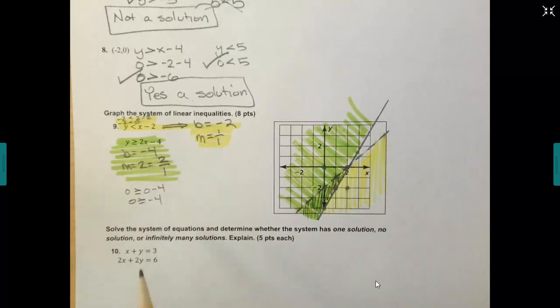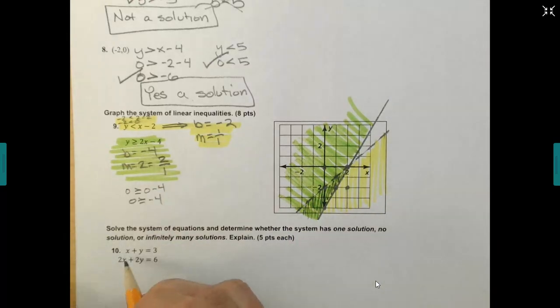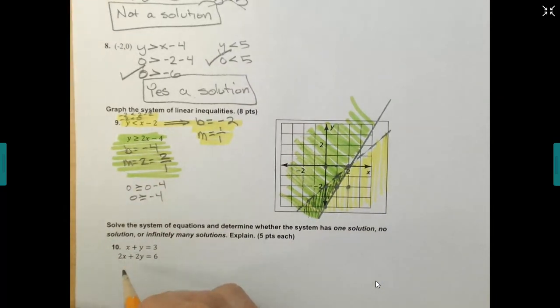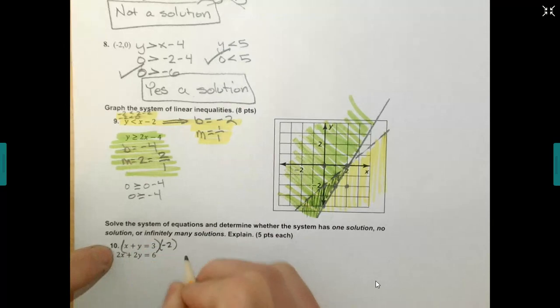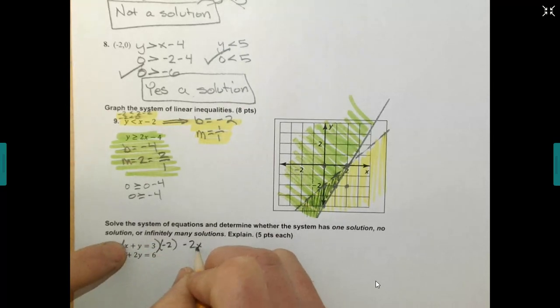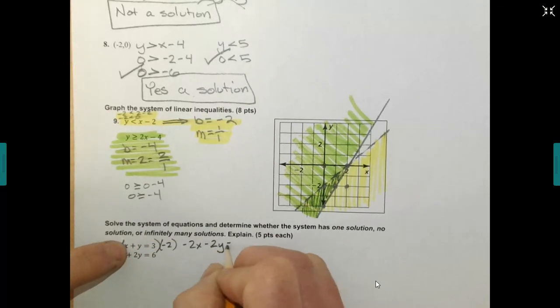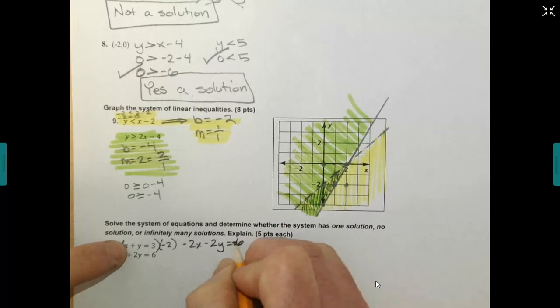Solve the system of equations and determine whether each system has one solution, no solutions, or infinitely many solutions. So what I'm going to do, got a 1x, a 2x, a 1y, a 2y. I'm going to multiply this whole thing by -2. So I get -2x minus 2y equals -6.